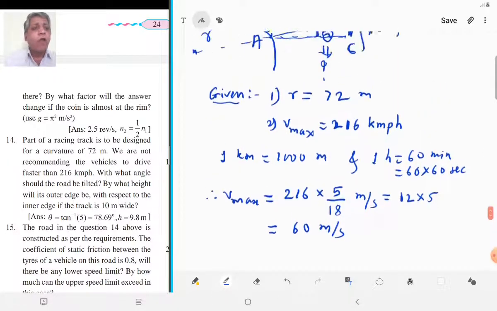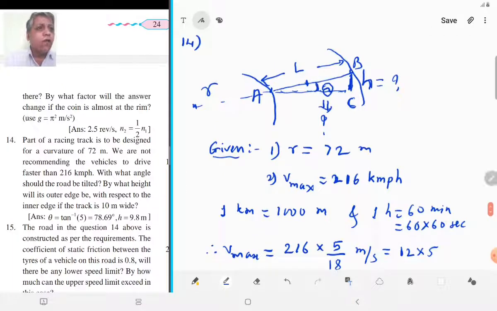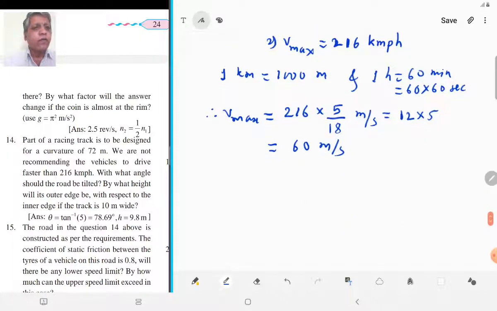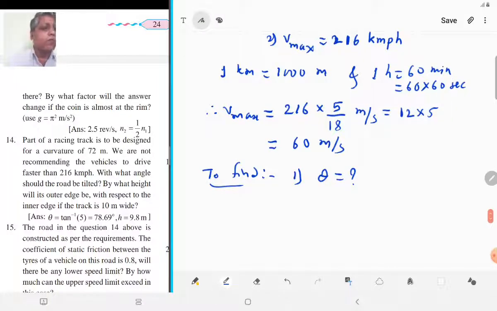Now at what angle the road surface should be inclined, that is to be determined. Now to find the angle of inclination, first point, angle of inclination, and the height to be raised.